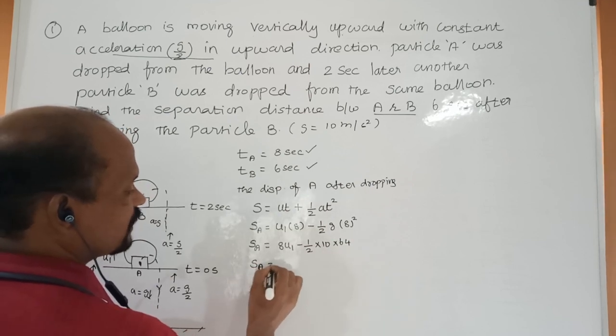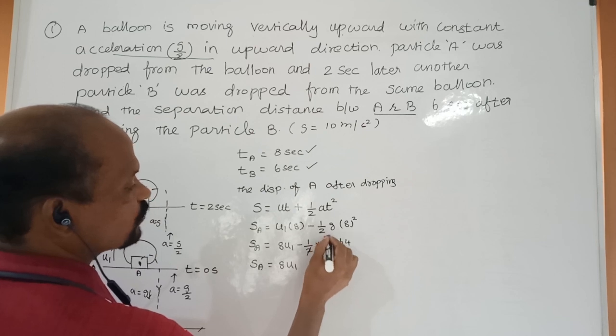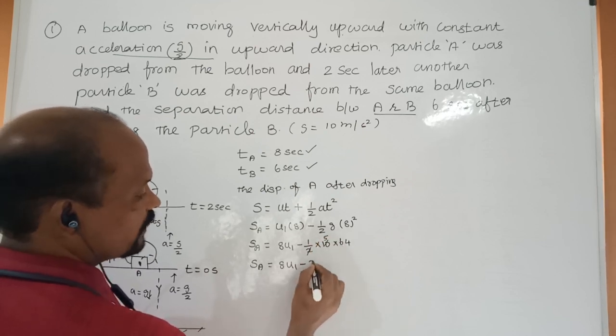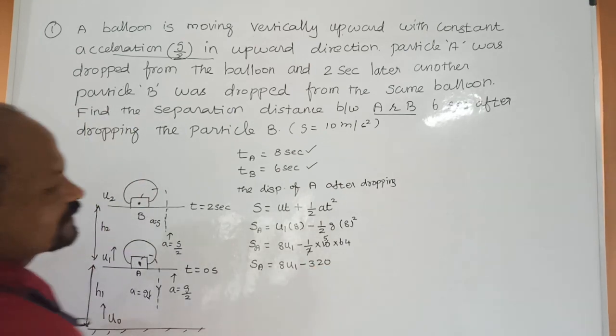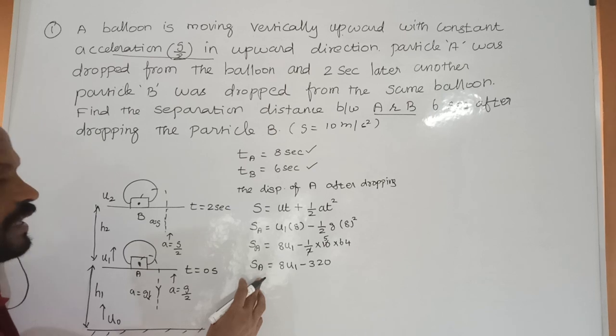S_A equals 8 u1 minus 64 into 5, that is 320. This is the displacement of particle A.